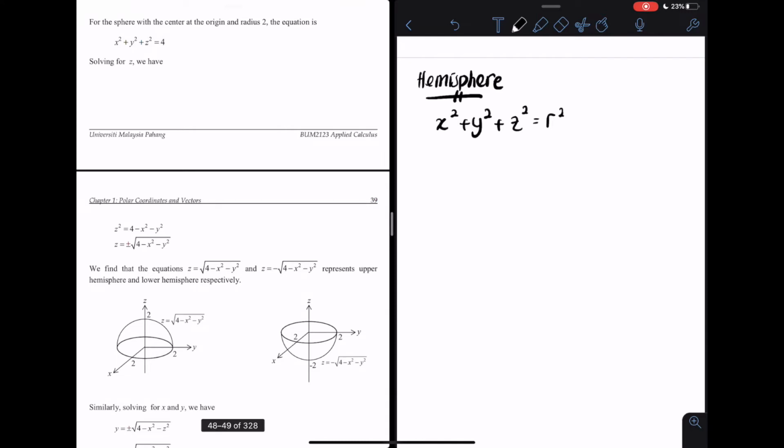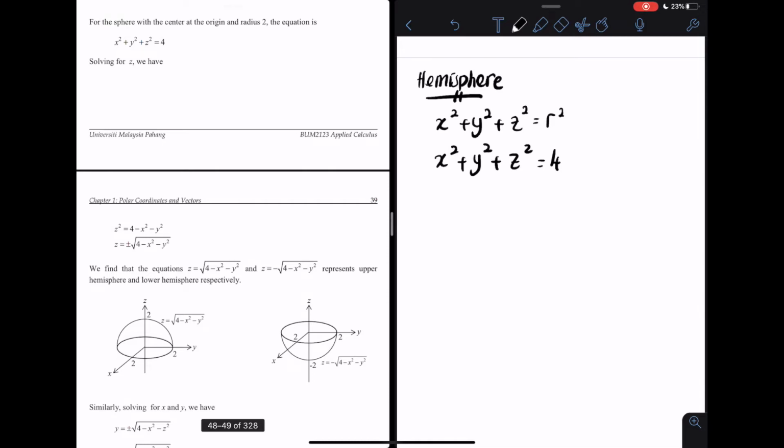And then let us let r be equal to some constant. Then I'll get x squared plus y squared plus z squared is equal to 4. What should I do if I try to get equations to represent hemispheres?